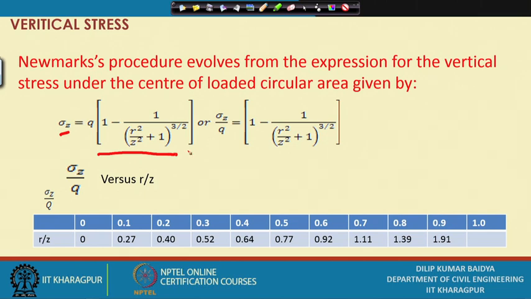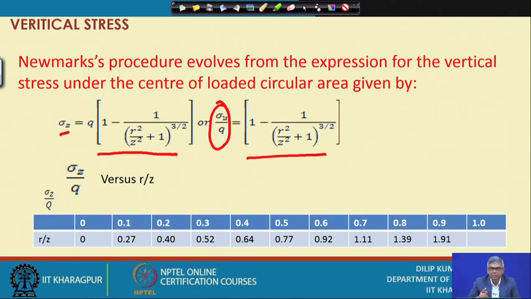Now, I can simplify it to sigma z by q, and then write this expression. If I want sigma z by q to be 0.1, 0.2, 0.3, it means whatever pressure is applied at the surface, it is 10% of that, 20% of that, 30% of that.